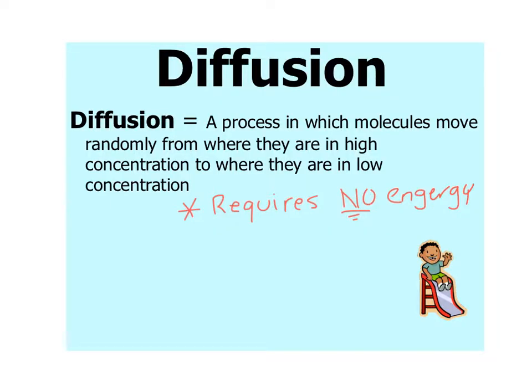And now the specific definition for diffusion. That is a process in which molecules move randomly from where they're in high concentration to where they're in low concentration. So they move from high to low all by themselves. And remember, these types of transport require no energy from the cell.